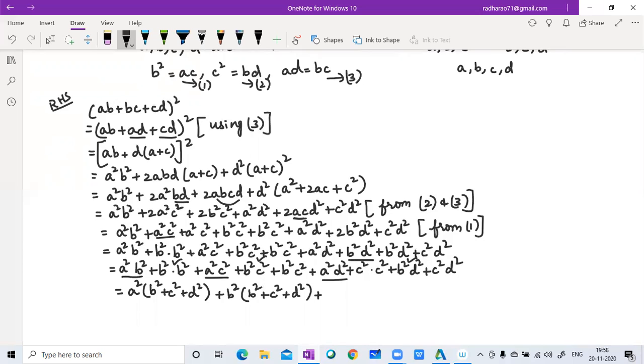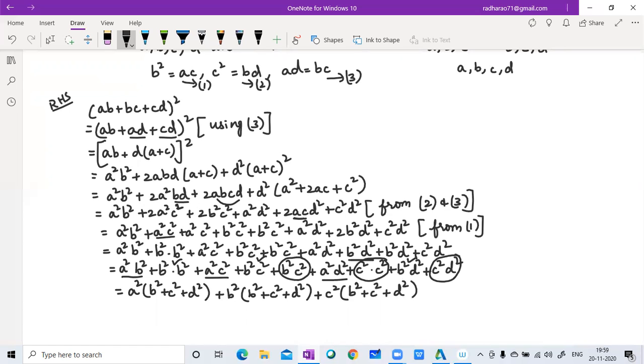Then what are the things left out? You have b²c², c²c², c²d². In all these 3 terms, what is common? c² is common. So if I take c² common, b² + c² + d².